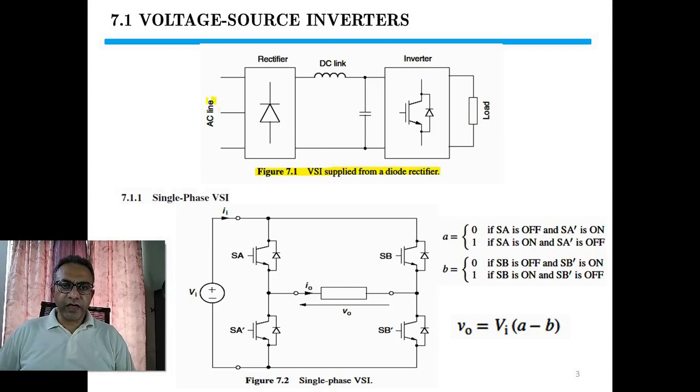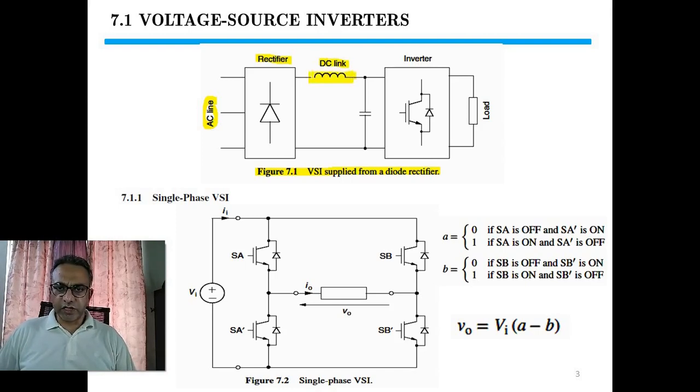In this diagram, first of all we have AC input. This AC input can be considered like our utility supplies or AC generator. Since the input is AC, we convert the AC to DC using a rectifier unit. This rectifier will have pulsating DC. The ripple current will be reduced using an inductor, which is also called the DC link inductor.